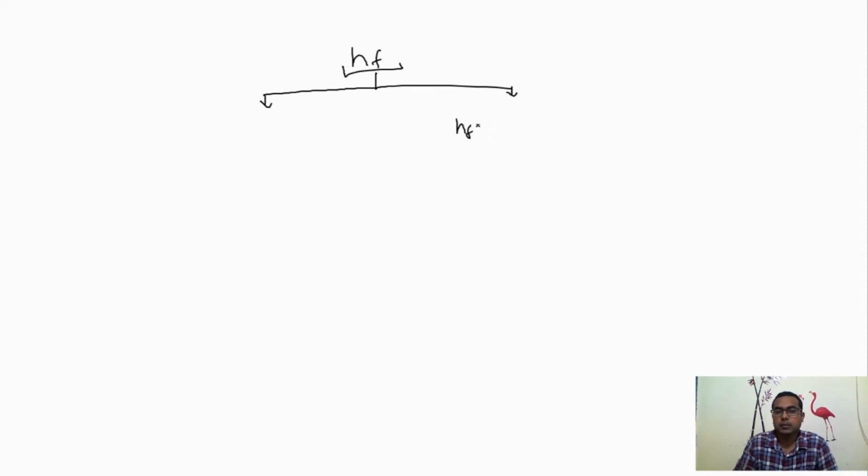That was hf equals 32 times u times L times mu, where u is the average velocity and mu is the dynamic viscosity, divided by rho g d squared. And for hf, by the Darcy-Weisbach equation, we get the value.